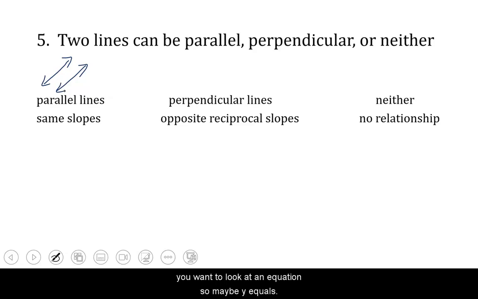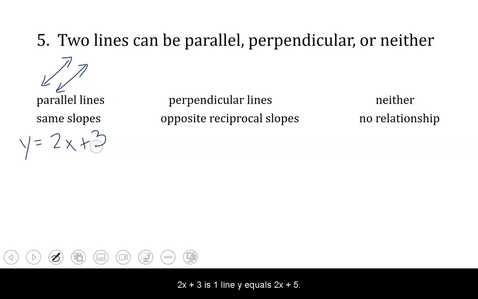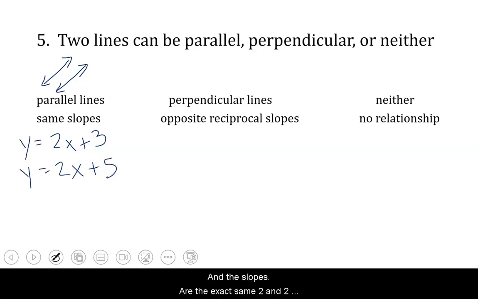If you want to look at an equation, maybe y equals 2x plus 3 is one line, and y equals 2x plus 5. And the slopes are the exact same, 2 and 2. So those are parallel lines. So when you graph them, they look like the two lines above.